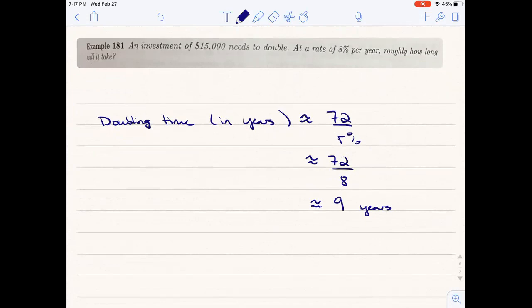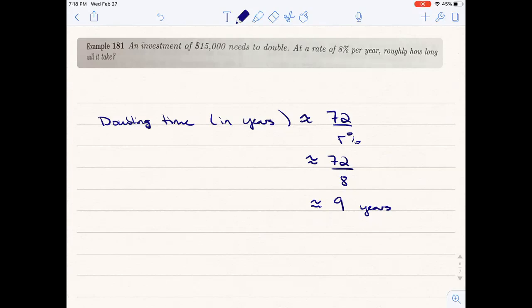So that's a pretty good tool. For example, if you go to the bank and they offer you an interest rate and you want to know if you would be happy with that or if maybe you need a better interest rate, right? So for the doubling time, you just take 72 divided by the rate that they just gave you.